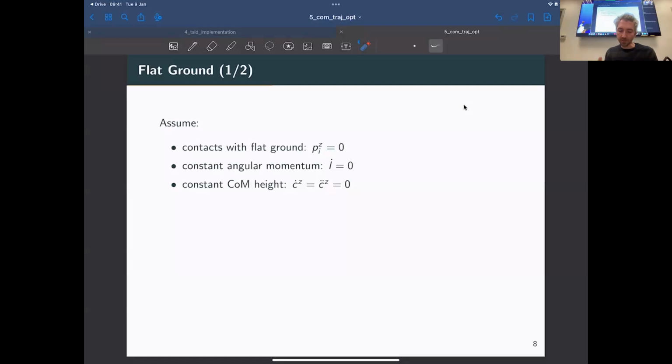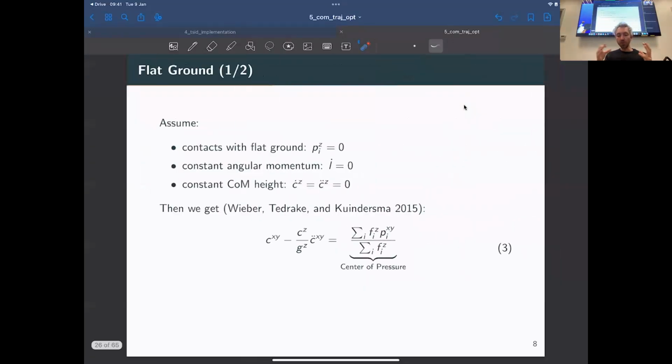So under these three assumptions, which are quite reasonable for standard bipedal walking on flat ground, then you can take the equations from the previous slide, the Newton-Euler equation, and manipulate them a little bit, and you get this expression here. If you want to see how exactly this manipulation is done, you can take a look at this book chapter, which explains the derivation step by step in a very easy way.